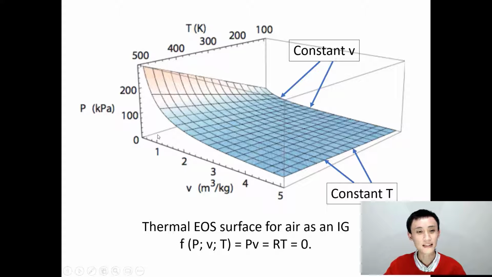As we said, the z-axis is temperature, so all the lines along this are constant temperature. Similarly, along these lines the specific volume does not change, so we call it constant specific volume. Those are the three iso contours.